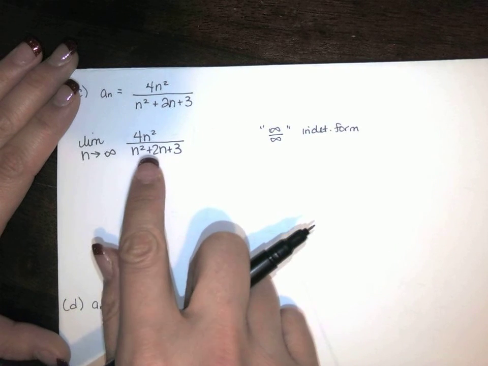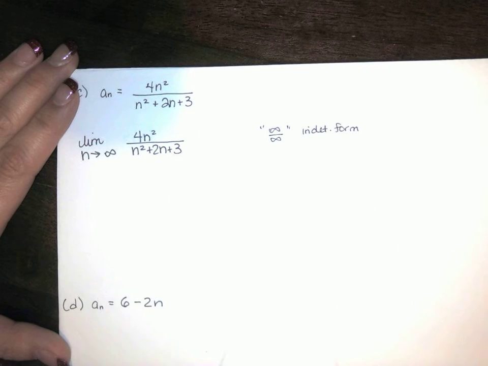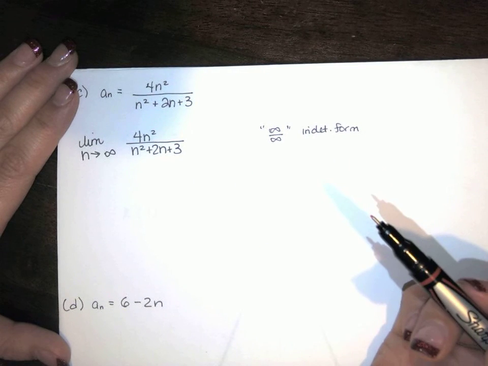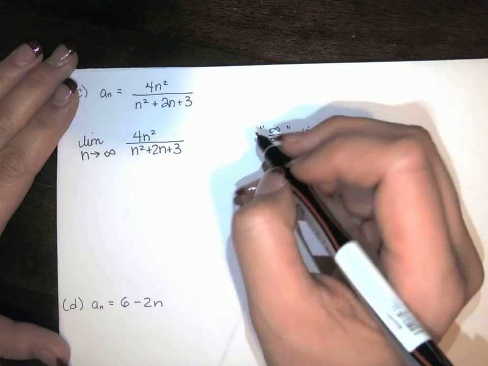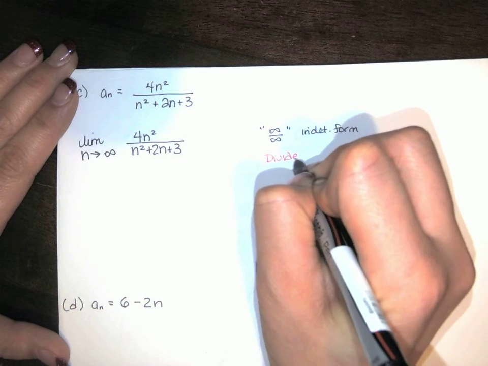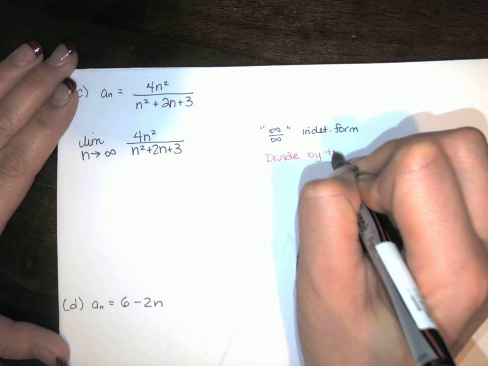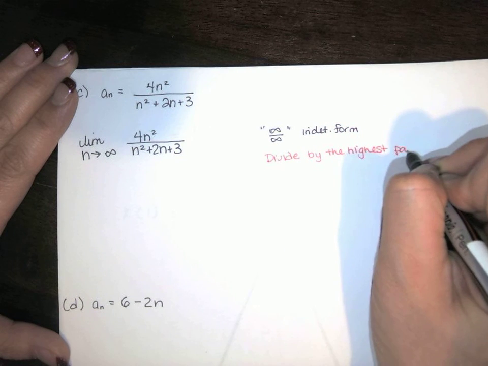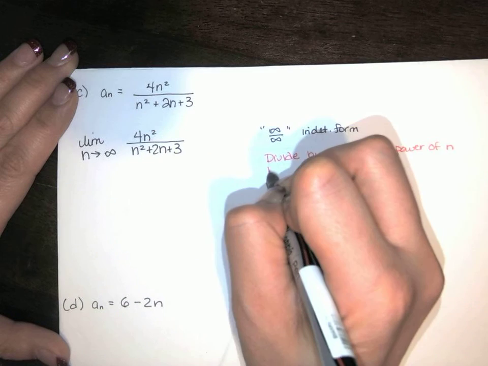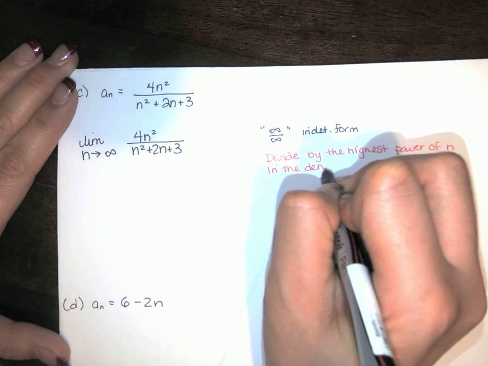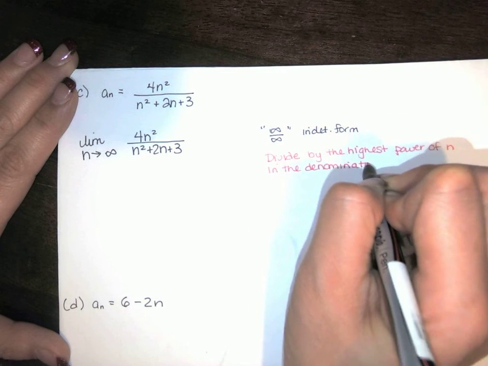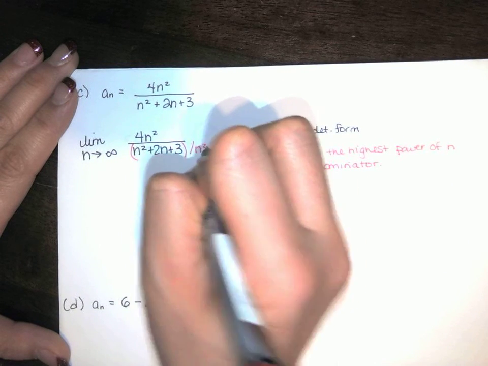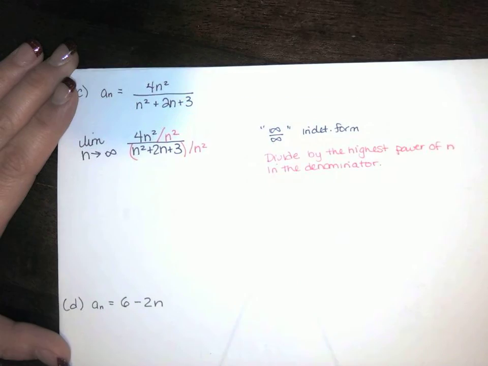But for this one, if you've got a polynomial divided by a polynomial, the easiest way to get rid of that infinity over infinity indeterminate form is to divide the numerator and denominator by the highest power of n in the denominator. So the highest power of n in this denominator is n squared. We're going to divide by n squared there, and we're going to divide by n squared up here.